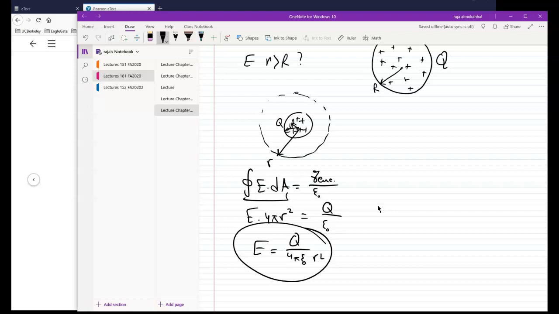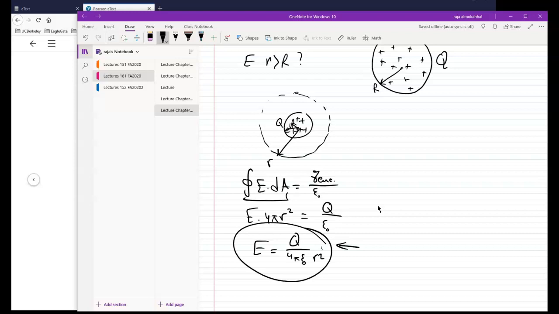In other words, whether the sphere is insulating or conducting or a point charge, as long as the Gaussian surface is outside, you're going to get the same expression. Okay, it will behave like a point charge. That's basically the moral of the story.